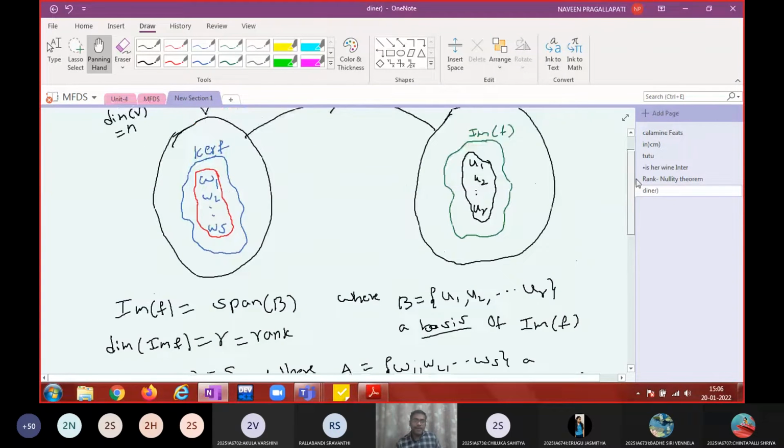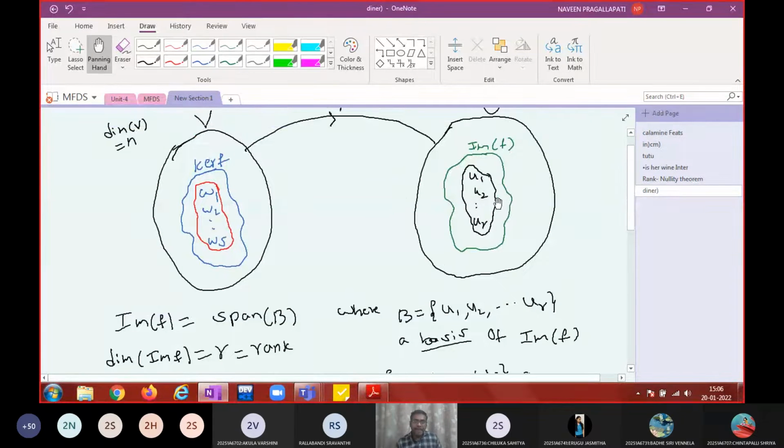Now, you take these elements u1, u2 and so on, ur. Where are these? These are the elements of the range, right? Every element of the range will have a pre-image. Do you agree or not? u1 will have a pre-image, u2 will have a pre-image, ur will have a pre-image. Am I right? So assume that they are v1, v2 and so on, vr.